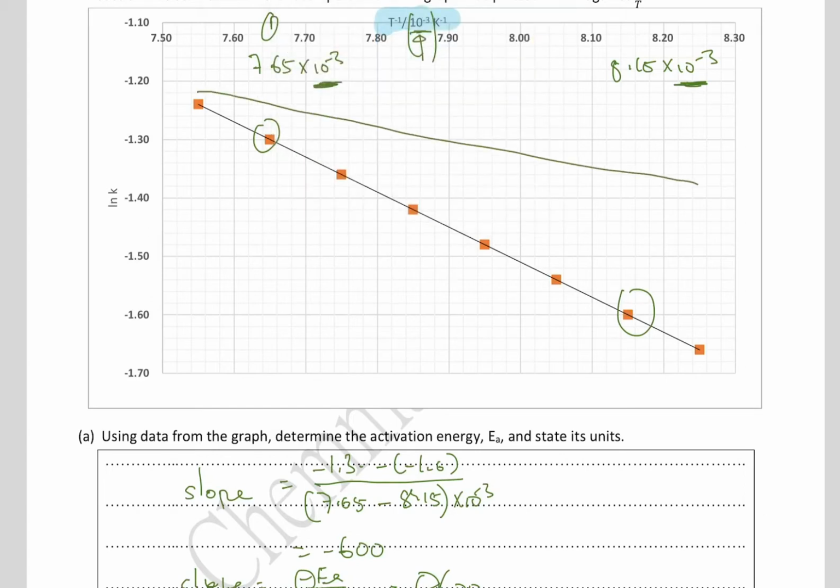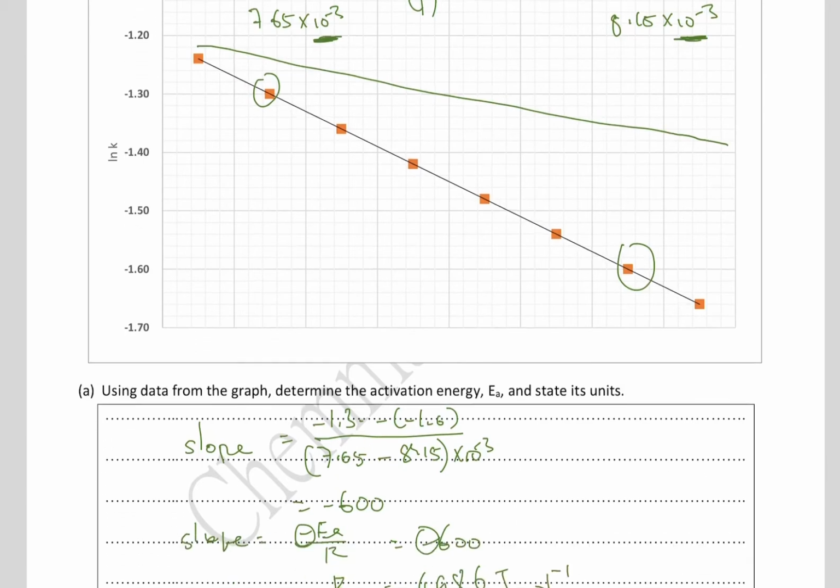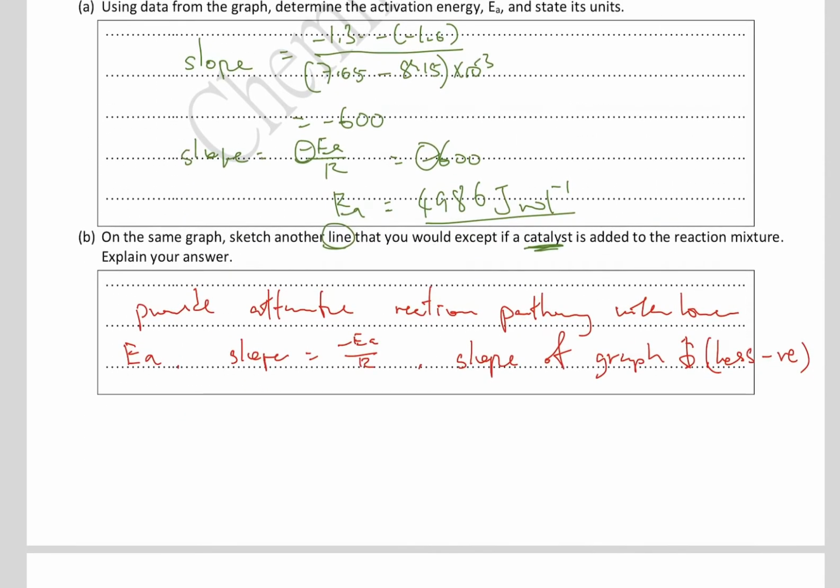Then in the real exam, you can use a ruler to draw an obviously straight line, rather than just drawing it by hand. Therefore you can see, other than just some calculation, you also have to understand that if you add the catalyst, then the activation energy may change. Then the line will also change into a lower slope or higher slope.